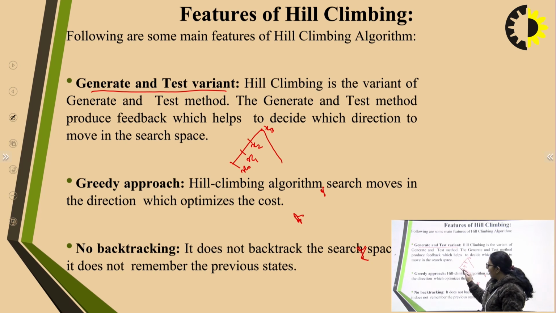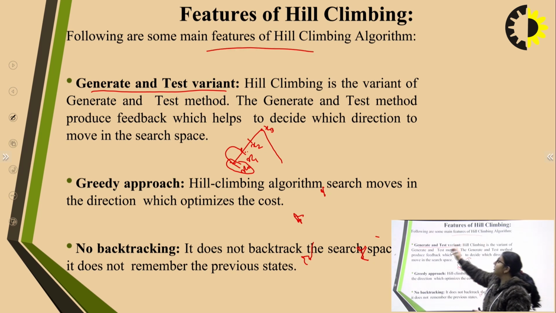It means that if it generates a solution x0, using this solution it generates the next solution. Now it tests whether this solution is best or the previous solution is best. That is why this algorithm is known as a generate and test variant. It generates the solution as well as tests the solution that has been generated. So the hill climbing algorithm is a variant of the generate and test method.